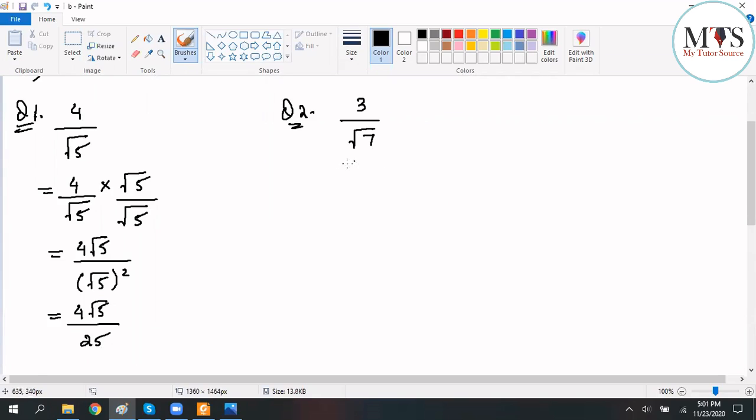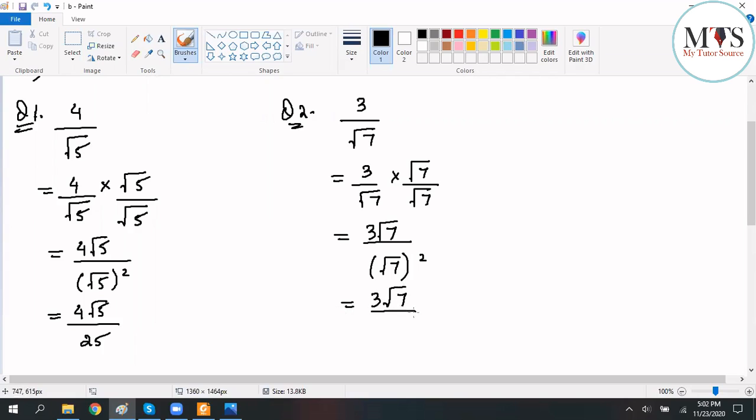So times both the numerator and the denominator by root 7, which makes 3 root 7 over root 7 squared, and then the root squared can be simplified to just 7. That's right.